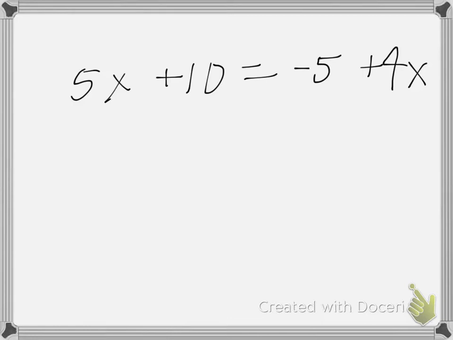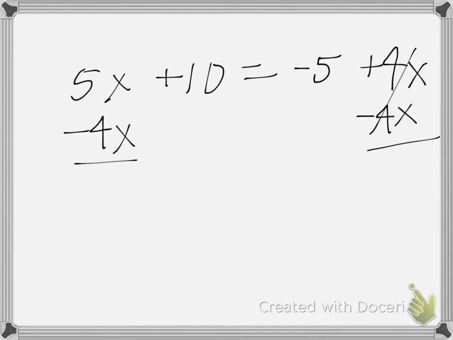Alright, so now that you've already done the problem on your own, right, now we're going to go ahead and combine like terms. So the first thing we're going to do, we're going to move the variables to the left-hand side and the numbers to the right-hand side. So right here we're going to subtract 4x, subtract 4x.